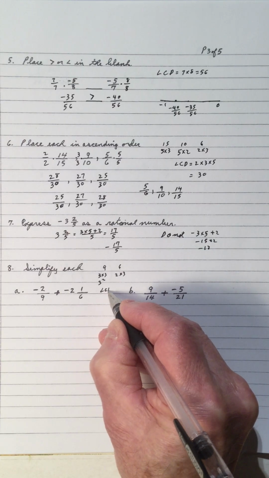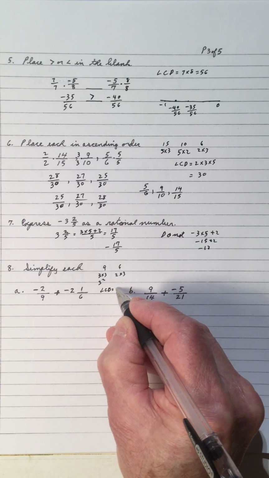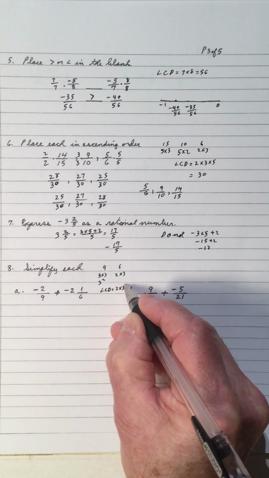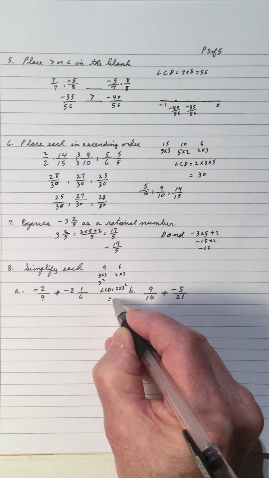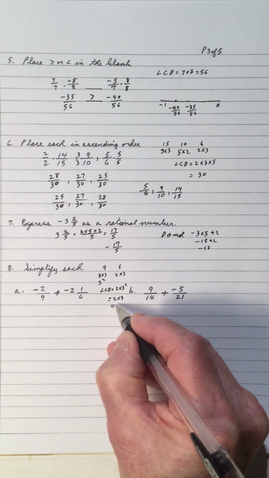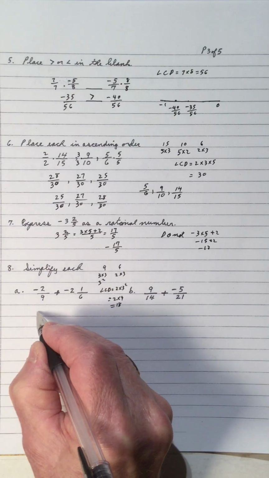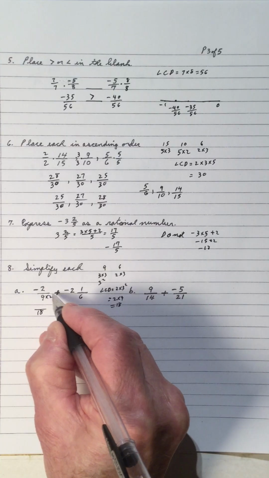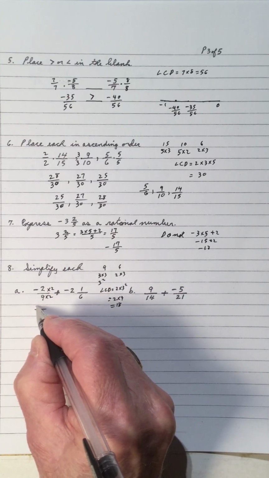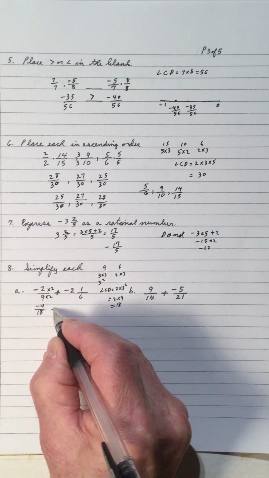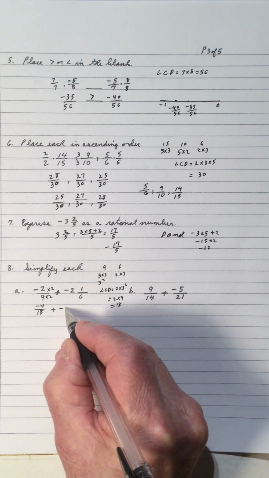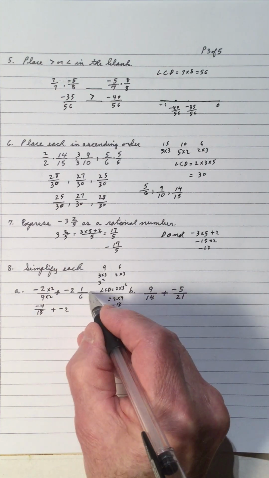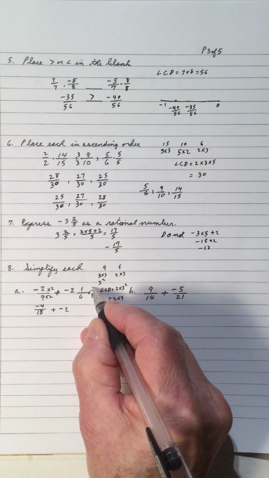So the LCD is 2 times 3 squared, so that's 2 times 9. So the LCD is 18. So you put an 18 here, and you multiply by 2 and 2. So that's negative 4 over 18 plus negative 2.